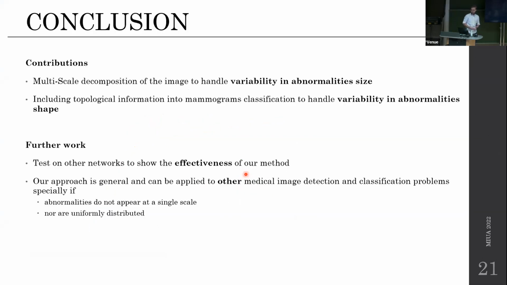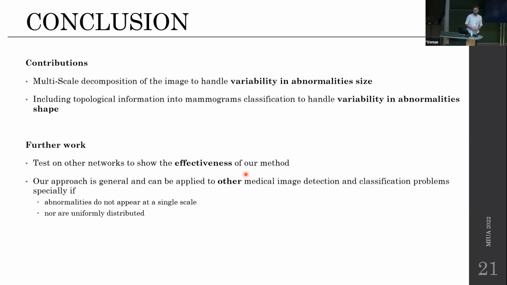So we presented a new approach using the advantages of graphs with a multi-scale approach to handle variability in abnormality size and shape with the use of topological information. To continue this work, we could try this graph improvement on other state-of-the-art methods like Ribli or Chen, which was a method I was comparing my performance to.